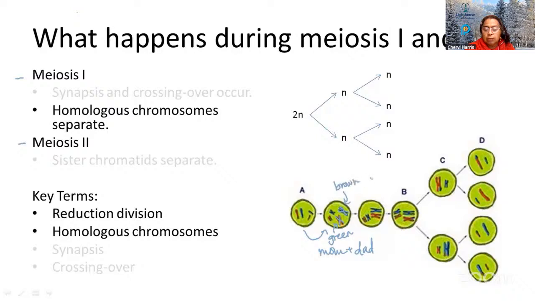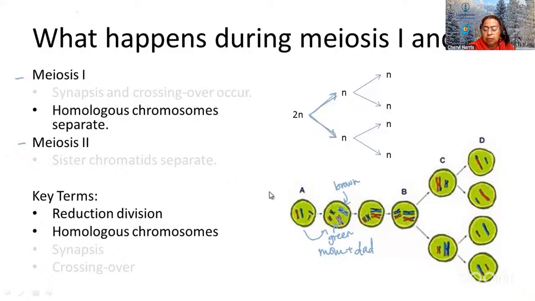So this is the difference between homologous chromosomes. One comes from the mom, one comes from the dad, but they code for different variations on a specific trait. And so when these separate, the cells go from a diploid count to a haploid count.